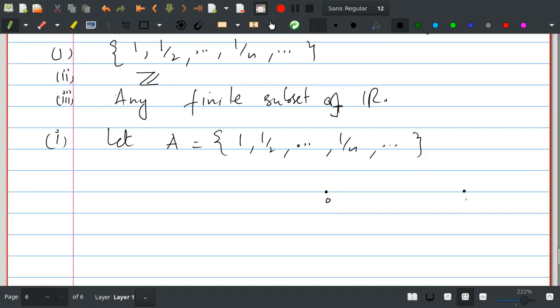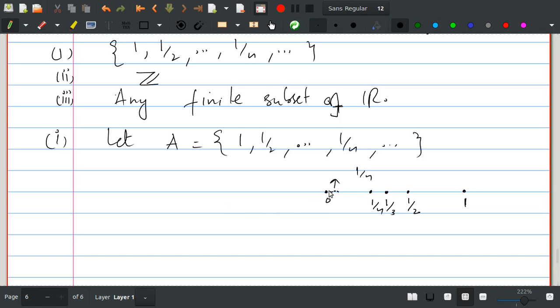So we have 1 here, 1 by 2 here, 1 by 3 here, then 1 by 4 here. As we approach 0, these points get arbitrarily close. So if we look around the 0, there will be infinitely many real numbers of this form 1 over n.